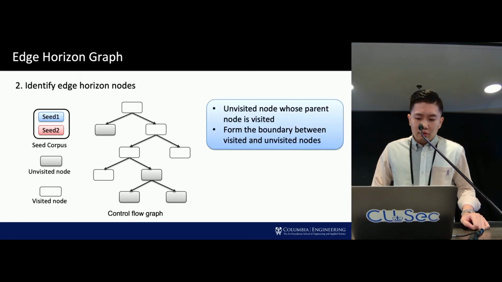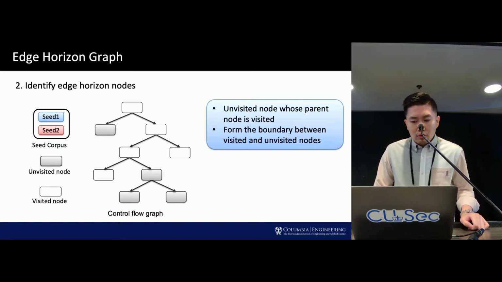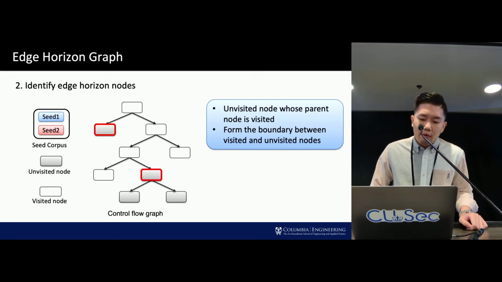The second step is to identify edge horizon nodes. Edge horizon nodes are unvisited nodes whose parent nodes are visited. They form the boundary between visited nodes and unvisited nodes. In this graph, we can find two edge horizon nodes, shown in red.